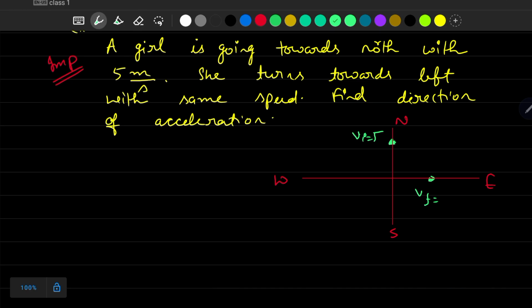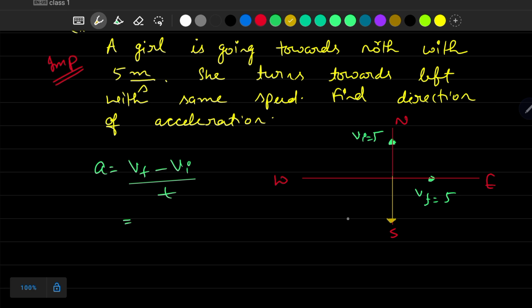She turns towards left with the same speed, which means here her speed was 5, and here her speed is the same 5. So v initial is 5, v final is also 5. They're asking us to find the direction of acceleration. So acceleration, this is an important question, is nothing but v final minus v initial upon t. I hope everyone remembers this. V final is here, and minus v initial: if v initial is upward, minus v initial will be downward.